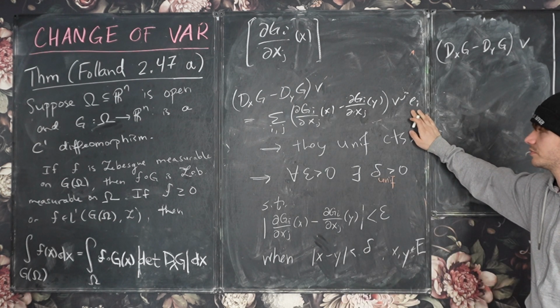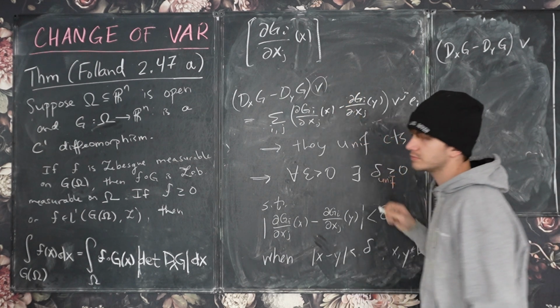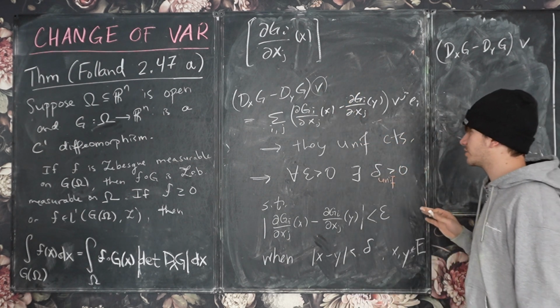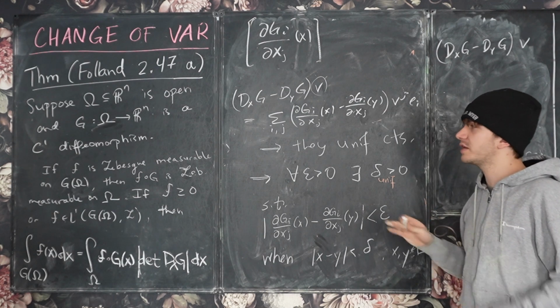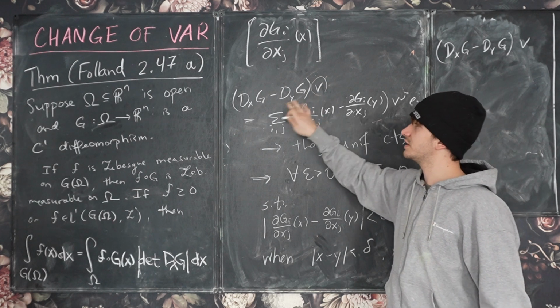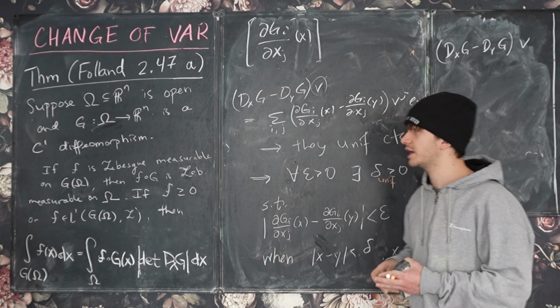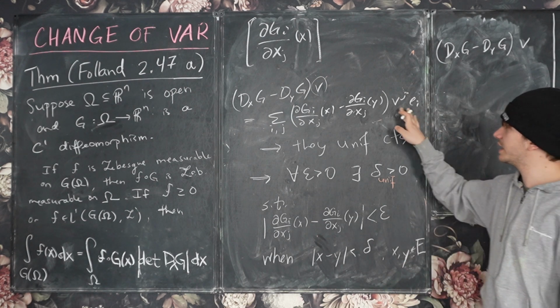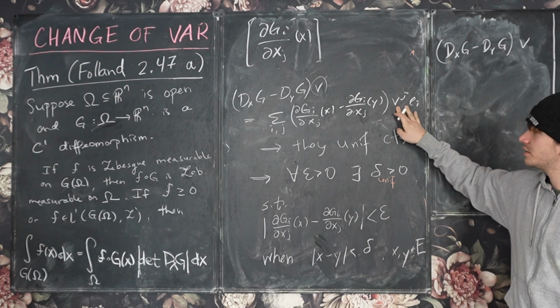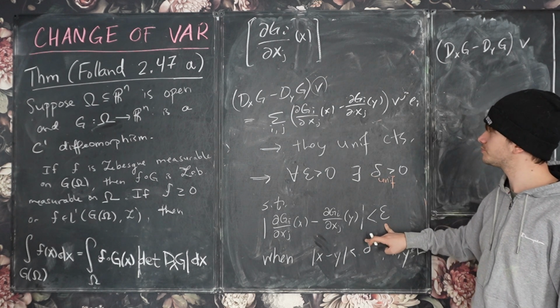V is just an arbitrary vector in Rn, and these are just linear maps. So we're just looking at the difference between how these two linear maps take one vector. And the idea is that all of these I can bound uniformly to be less than epsilon.